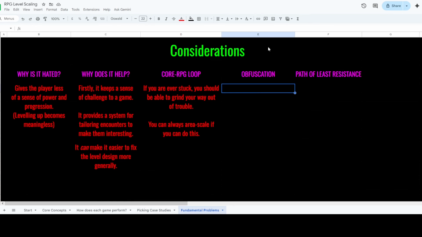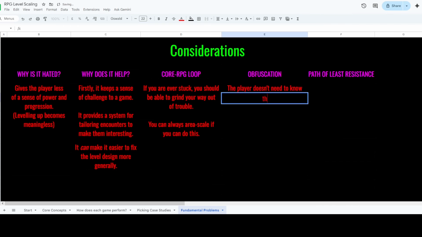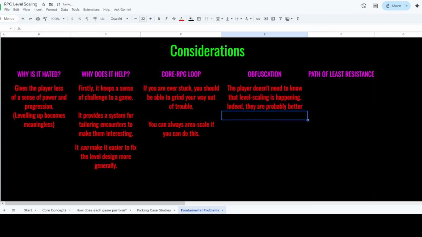we talk about obfuscation. The player doesn't need to know that level scaling is happening.